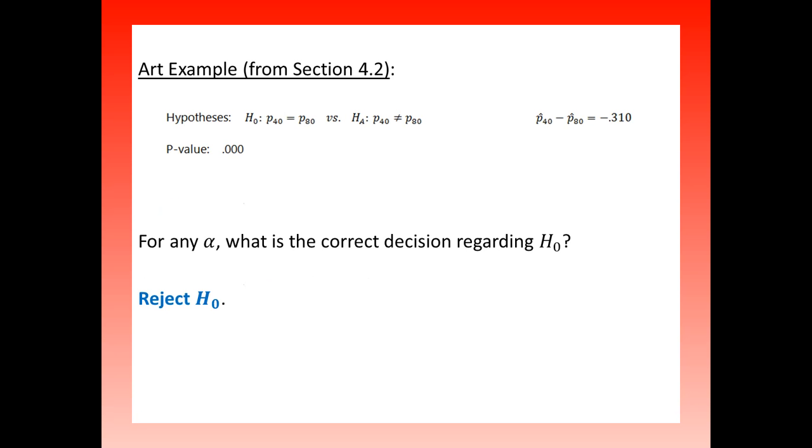Although changing the significance level wouldn't have an effect on the art example at the very end of Section 4.2, there the p-value ended up being 0, so it really doesn't matter what alpha is. 0 is going to be less than alpha, whether it's 0.05, 0.1, or 0.01. So for any alpha, you'd end up rejecting the null.